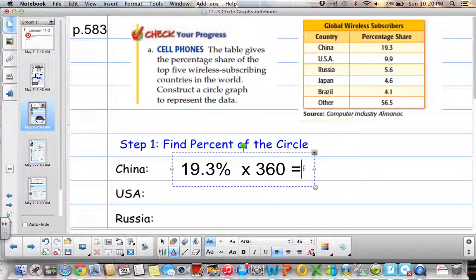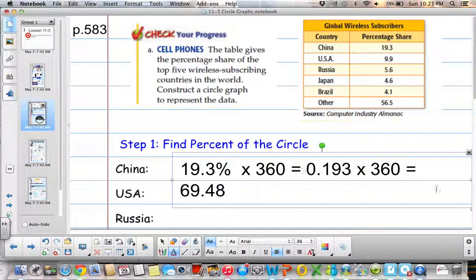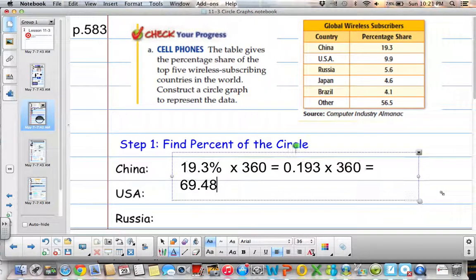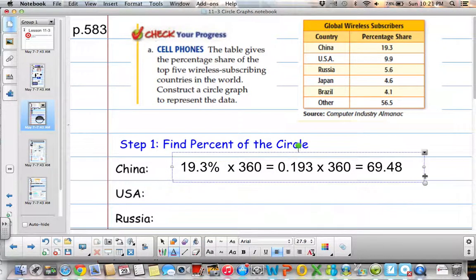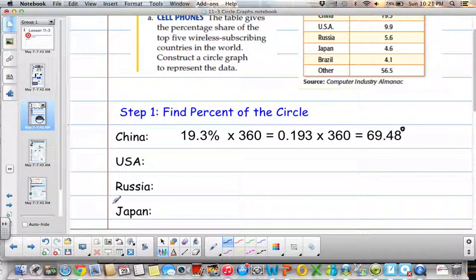So then I need to rewrite it as 0.193 times 360, and you would get 0.193 times 360 equals 69.48 degrees. Okay? And we want to write it as degrees, and I don't have a degree marker, so we'll make a little dot there. Okay, so pause me and do USA, Russia, Japan, Brazil, and other.